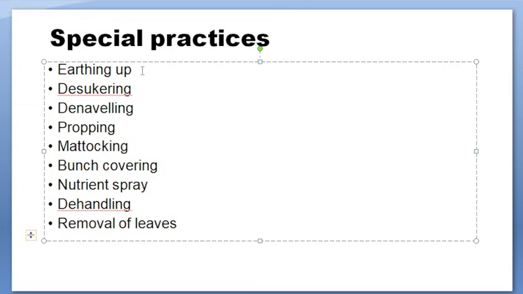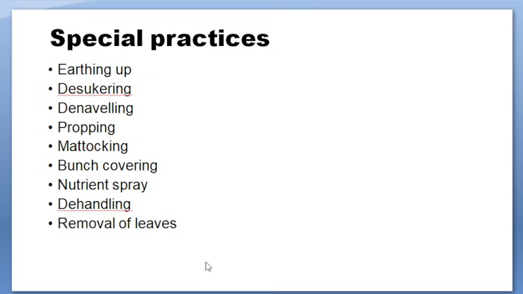Earthing up means covering the soil near the base portion. That means we can avoid the lodging problem by doing this. With every fertilizer application, we have to do this earthing up.